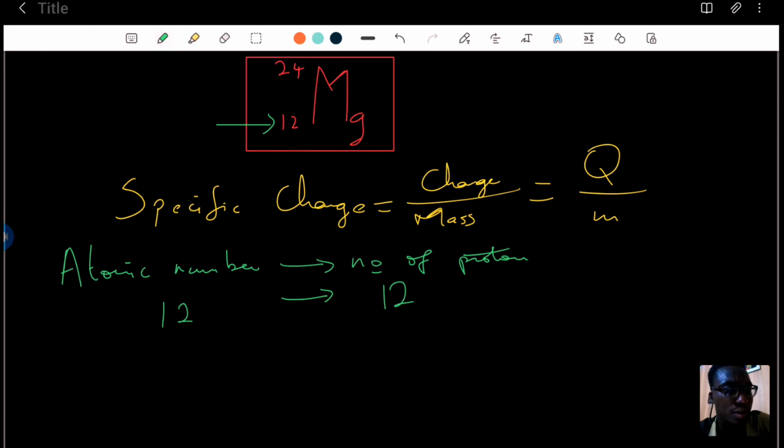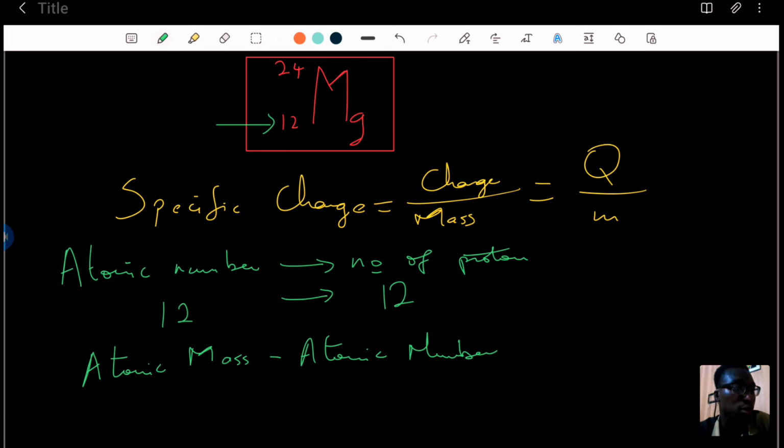How about neutrons? To get the number of neutrons, you just do atomic mass, or what we call mass number, minus atomic number.